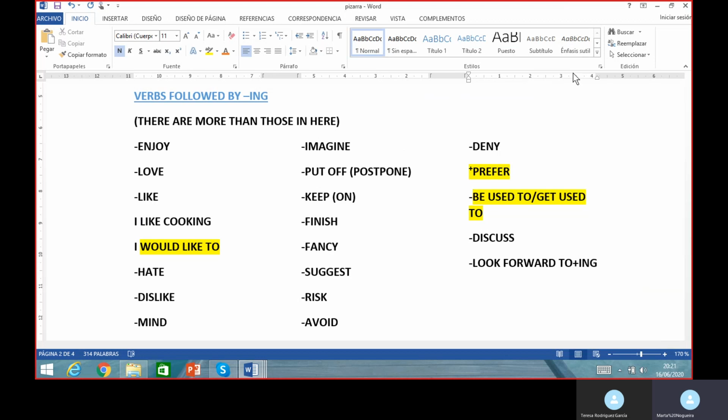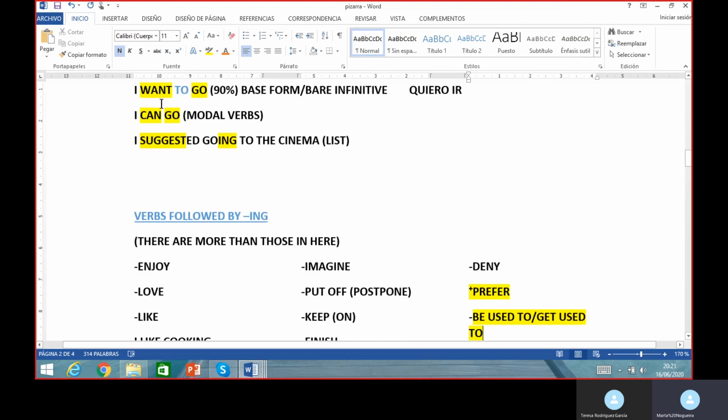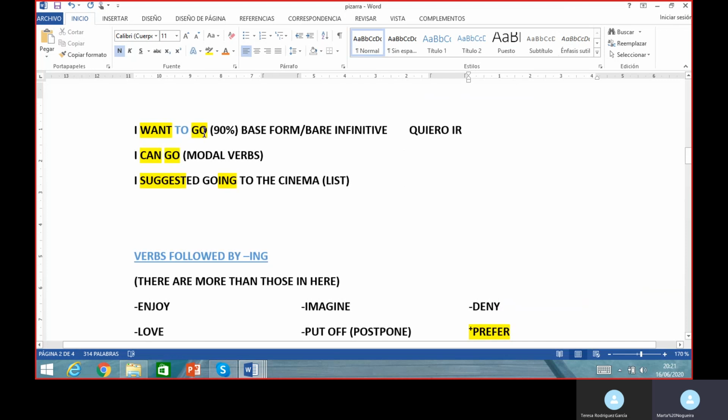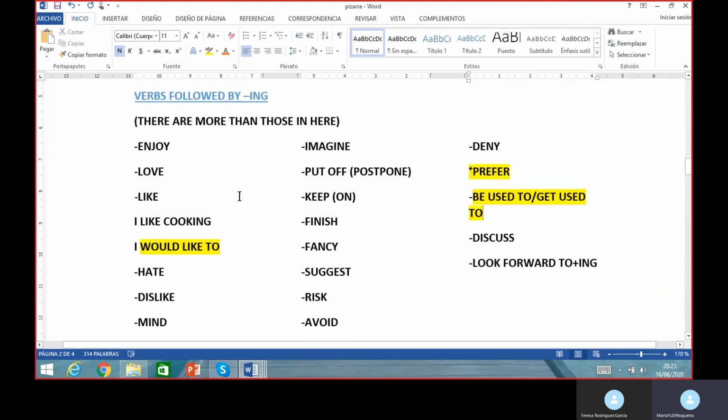Entonces, esto significa que cuando yo vea el to, aunque el to siempre va seguido de un verbo en infinitivo, sin el to, porque ya lo lleva, la otra palabra, esto va a ser, lo vamos a poner con un verbo en gerundio. Entonces, ¿qué teníamos?